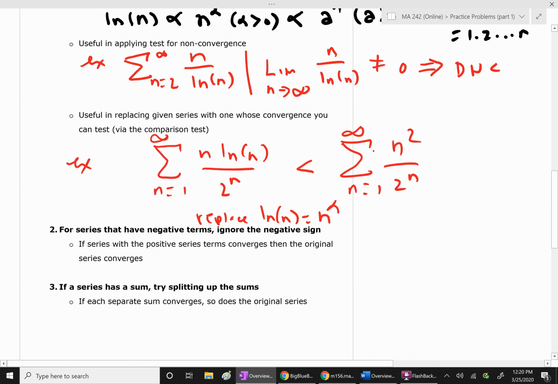And so if this thing converges, the comparison test tells me the original converges also. And it turns out that it does. So now I'm going to use another test to evaluate this, and we're going to see which tests are useful. Okay, so I could use the ratio test.